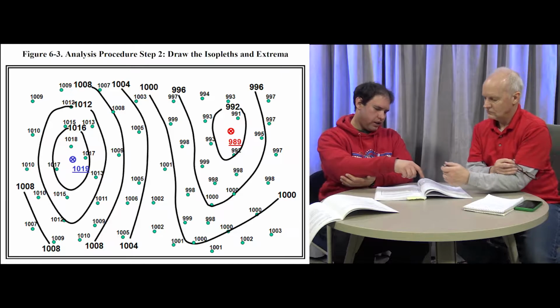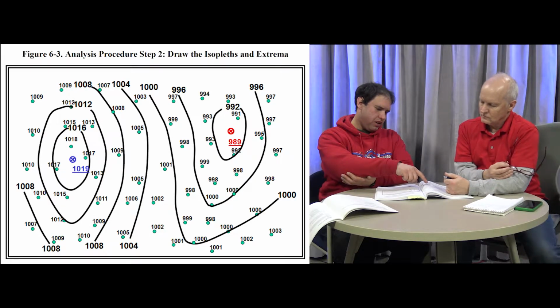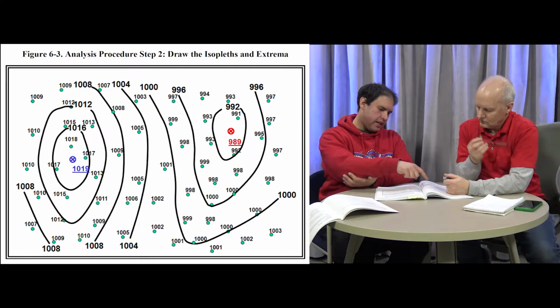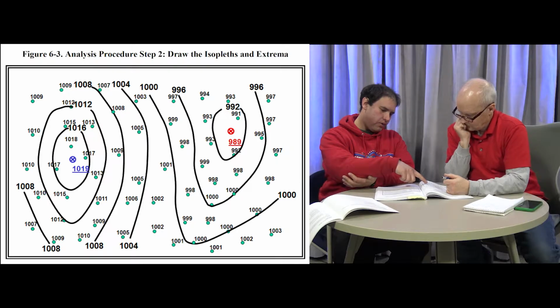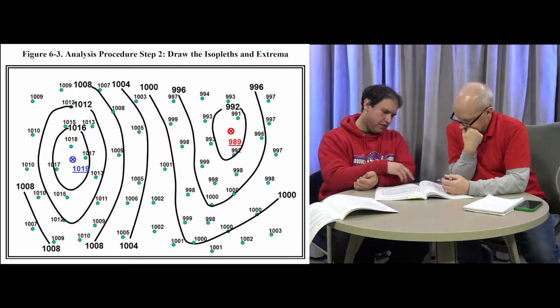And what those contour lines are is obviously where the pressure is all the same. So 989 in the center there of the low, then pressure goes up to 992, and everywhere along that line is 992. And the next line is 996, then 1,000.